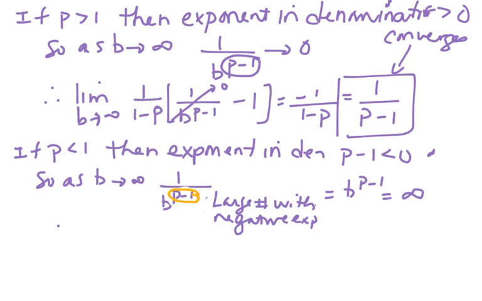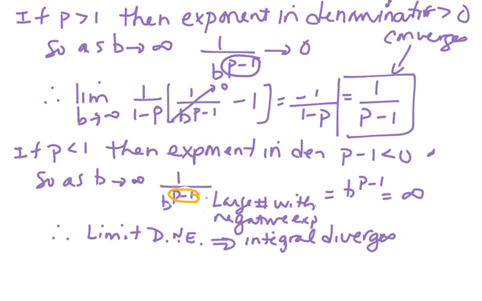So the limit doesn't exist, which tells us that the integral diverges. So as p gets bigger, the graph seems to get closer to 0, but the term 1 over p minus 1 goes to 0, and b to the p minus 1 outgrows it.